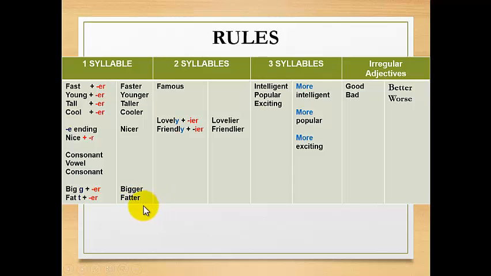However, not all adjectives are one syllable. We have two-syllable adjectives. For example, famous. However, famous is an exception.